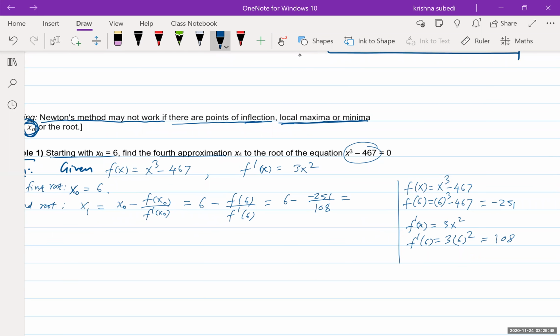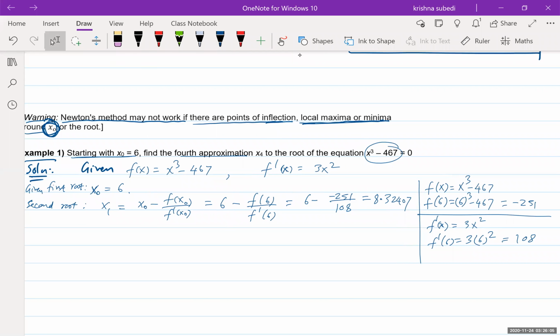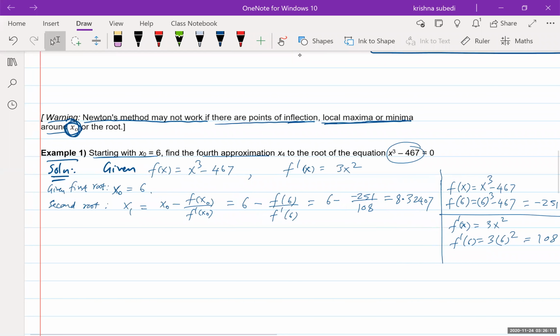You got the same thing? Okay. All right. So that's what I got. And second root. And we need to find fourth root.